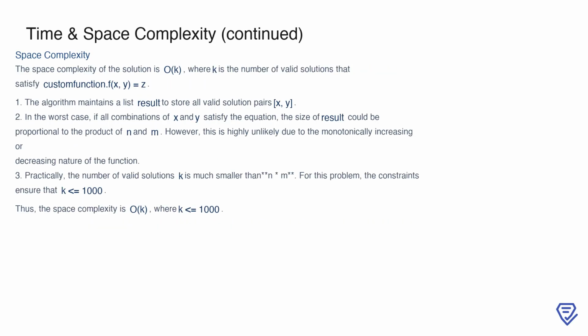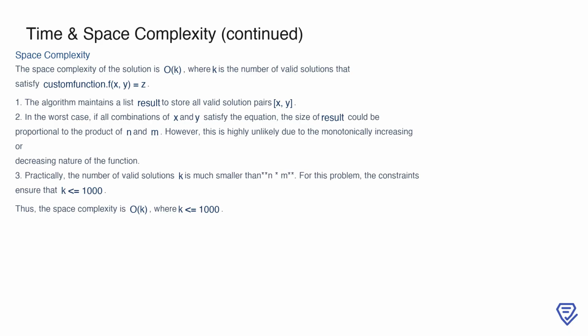Next, let's consider the space complexity. The algorithm uses a list called result to store all valid solution pairs of (x, y). The size of this list depends on the number of solutions k that satisfy the equation customfunction.f(x, y) equals z. In the worst case, if every combination of x and y produces a valid solution, the size of result could theoretically grow to be proportional to n multiplied by m.